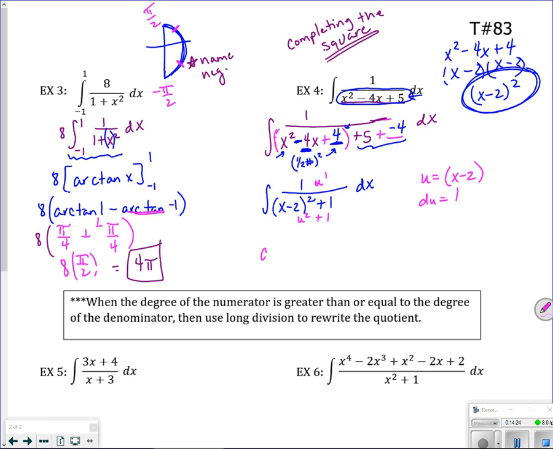So how does that integrate? Arc tangent of u plus c. And that's my final answer. So look for that completing the square. Again, when you know it's not a log and you have a polynomial like that that has a squared, then you're going to look to complete the square.